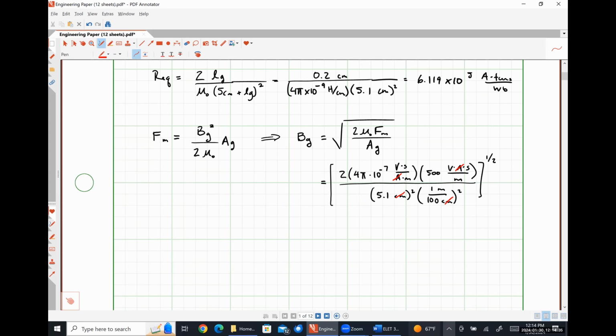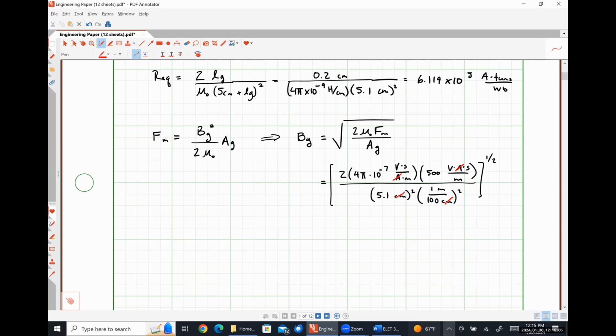And then I'm also going to have meters to the 4th power. So I have volt seconds squared divided by meters to the 4th power, which is the same thing as a Tesla squared. And then when I take the square root of that whole thing, I'm just going to get a field measured in Tesla. So that's why I've chosen to express the units like this, so that we can make sure that what's coming out of this expression is going to be in Tesla, where a Tesla is by definition a volt second per meter squared.